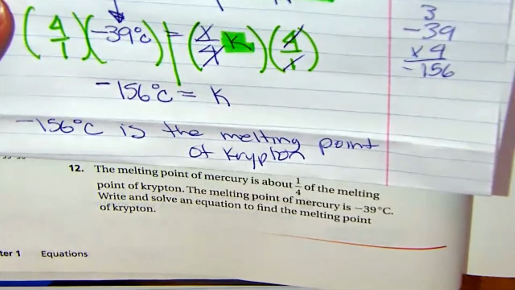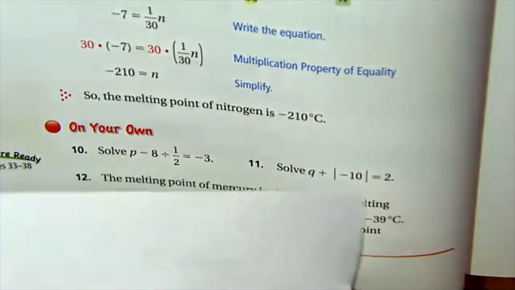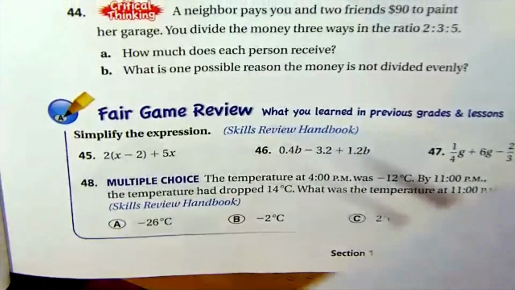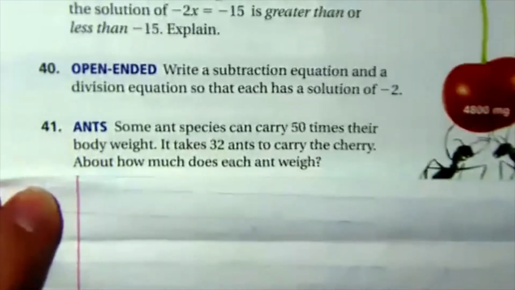Okay, we have 2 more problems. I'm not going to solve them for you, but I am going to help you set them up. So I'm now on page 9.